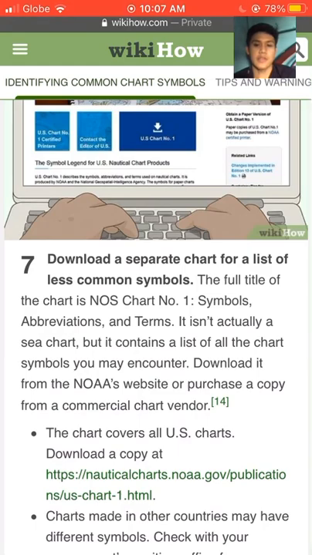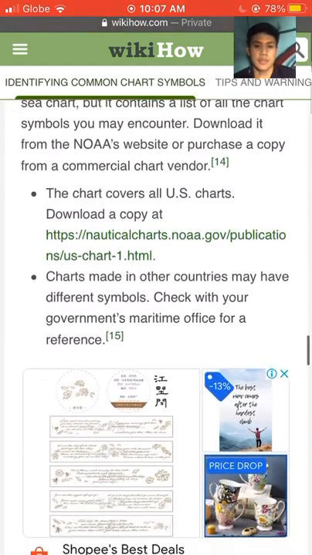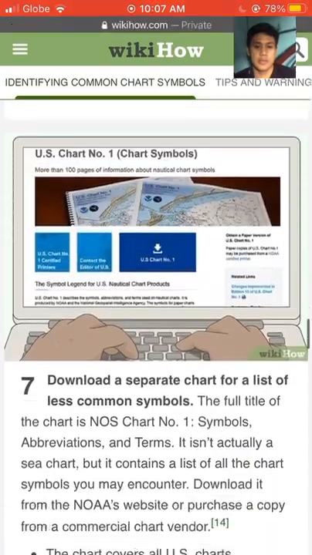The full title of the chart is Chart Number 1: Symbols, Abbreviations, and Terms. It isn't actually a feature but contains a list of all the chart symbols you may encounter. Download it from NOAA's website or purchase a copy from a commercial chart vendor.